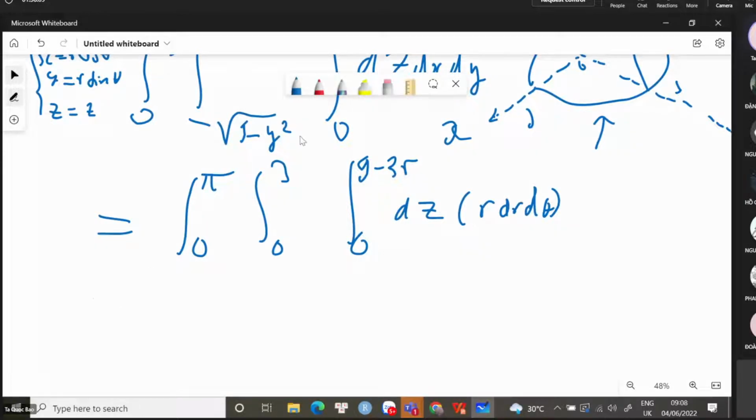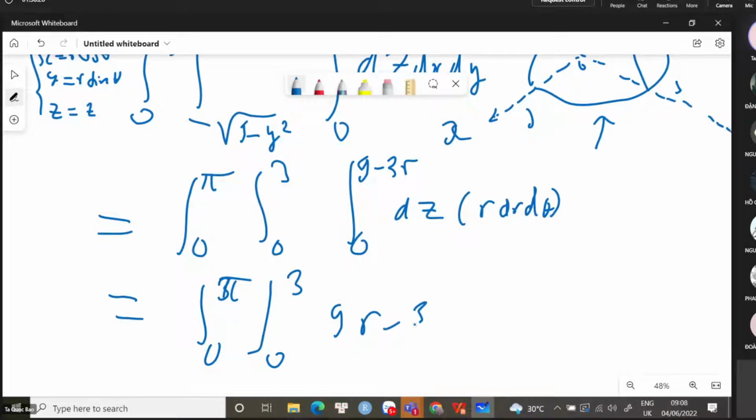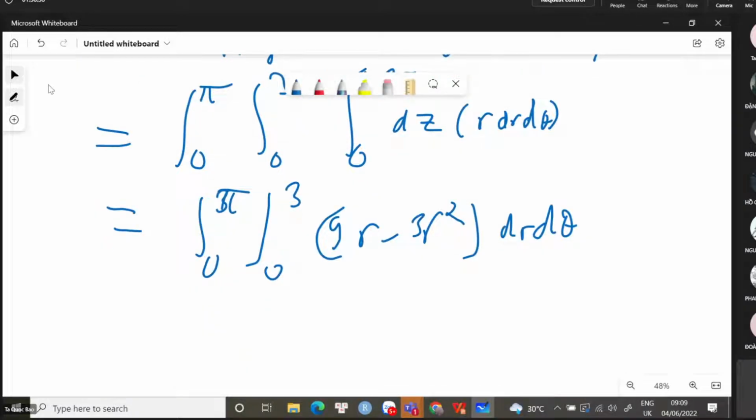So therefore, this is the integral from 0 to pi, integral from 0 to 3, 9r minus 3r power 2 dr d theta. So finally this equals 27 pi over 2. It's okay?